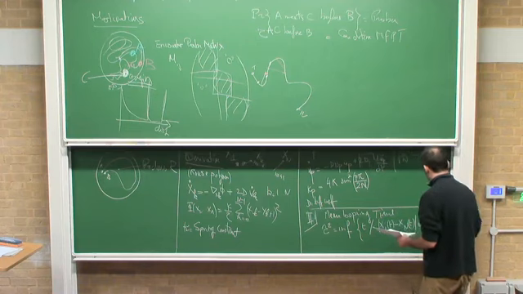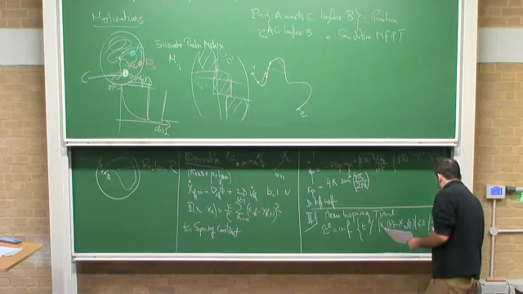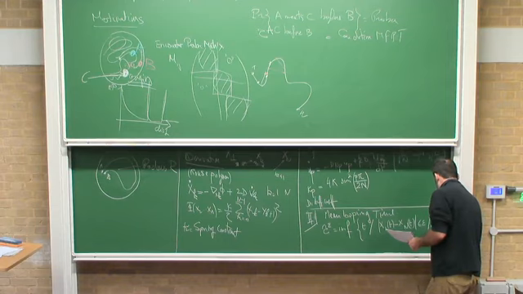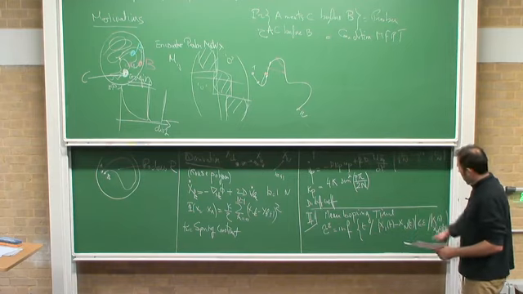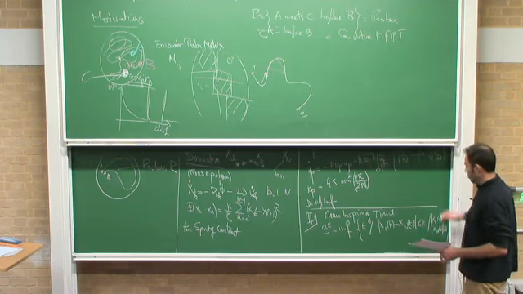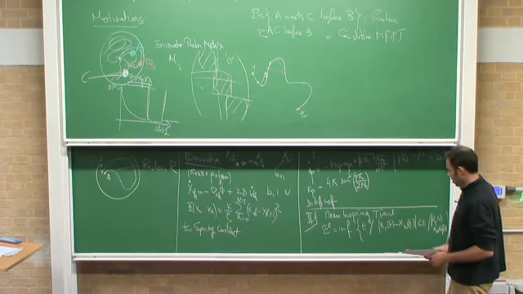Or you can condition by just having a position. And later on, we are going to average over this distribution, so it's really not important.